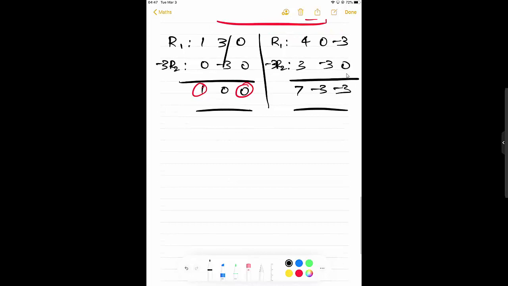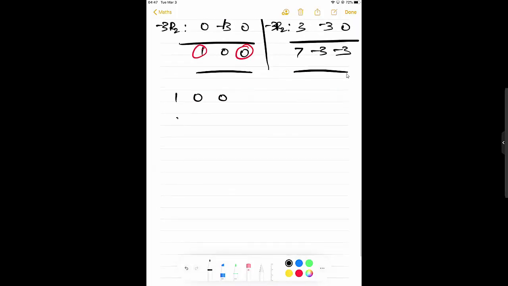So the first row is 1 0 0. Second row 0 1 0. Third row 0 0 1.